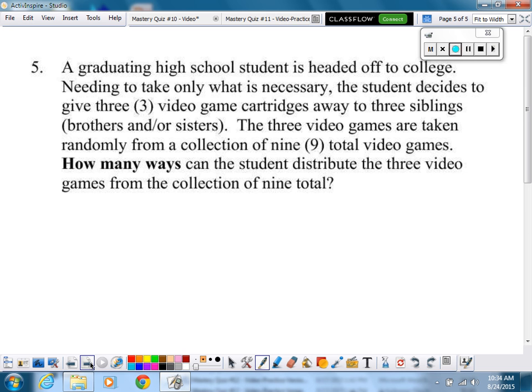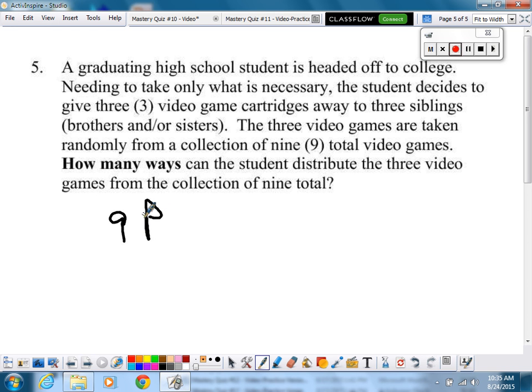Now, your first question is: is this a permutation or a combination? Does the order in which I pick these 3 matter? And it does, because you're not just picking 3 videos of the 9 to give away, you're picking 3 videos to give to a particular person. So the order does matter. This would be a permutation problem. So you have 9 things to pick from total.